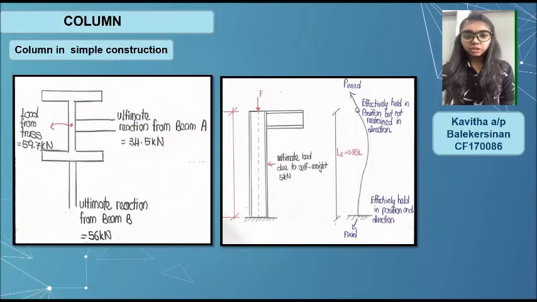This part discusses the column. What is a column? A column is a member subjected to compression, typically referred to as a column, or a strut when oriented vertically. Columns are vertical members used to carry axial compression load, and due to their slenderness, they are prone to buckling.